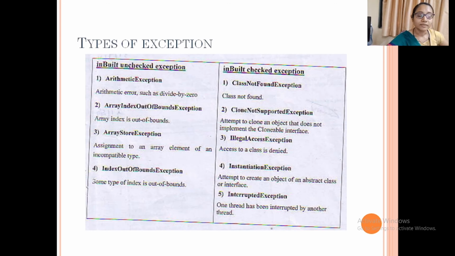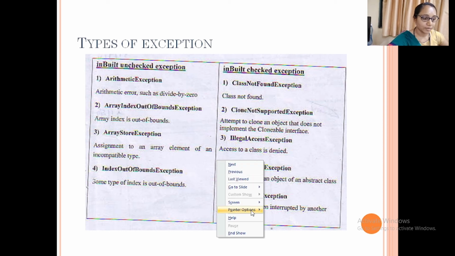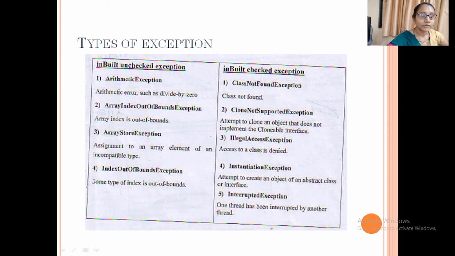Now, these are the kinds of exceptions. The first one is arithmetic exception. We just showed an example of arithmetic exception. It is a type of unchecked exception. There are two types of exception, unchecked exception and checked exception.